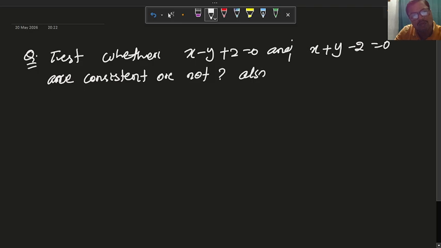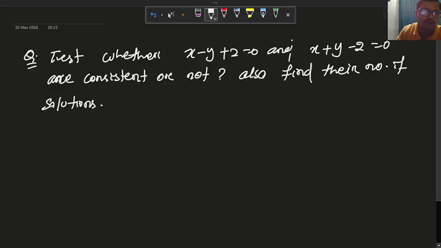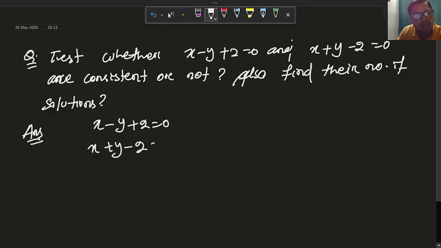Also, find their number of solutions. Okay. So, here the two equations are x minus y plus 2 equal to 0 and x plus y minus 2 equal to 0.